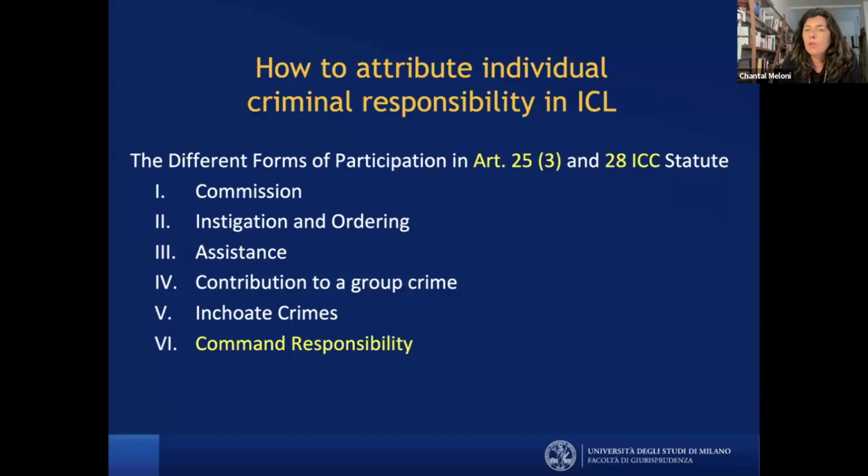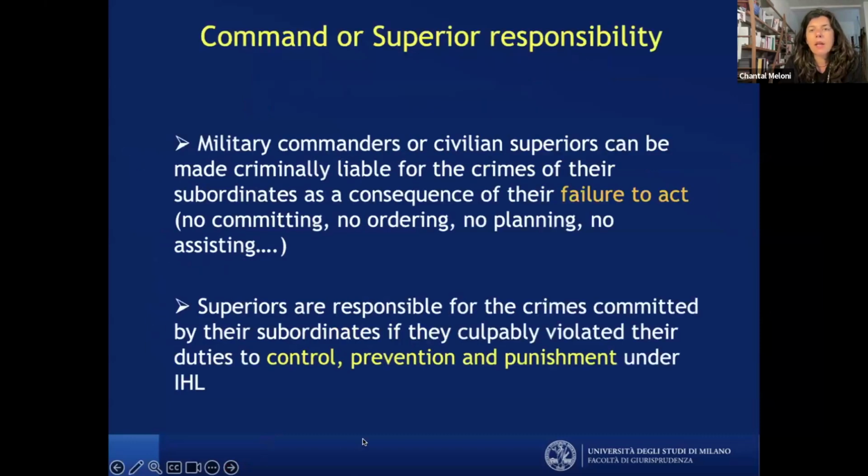But there is also Article 28 of the Rome Statute, and this is what I would like to focus on in the remaining literally 5 minutes I have, that is called command responsibility. Why is command responsibility important?